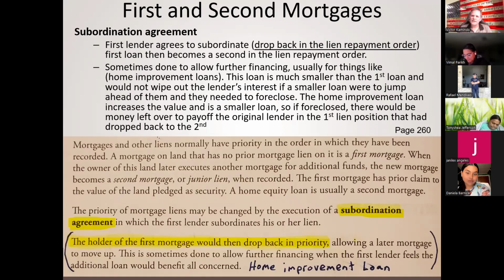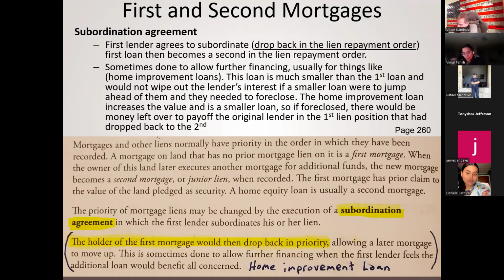First lien holders will usually have no problem allowing another lender to jump ahead of them, allowing a later mortgage to move up. This is sometimes done to allow further financing when the first lender feels the additional loan would benefit all concerned.